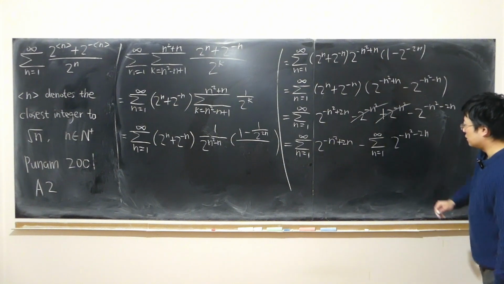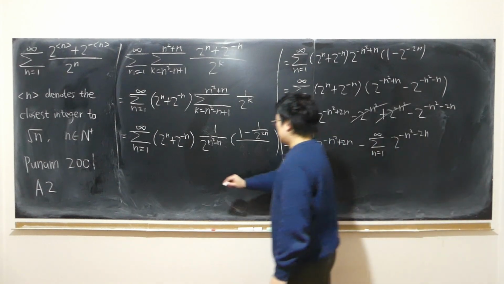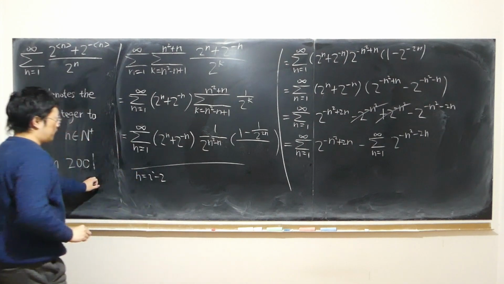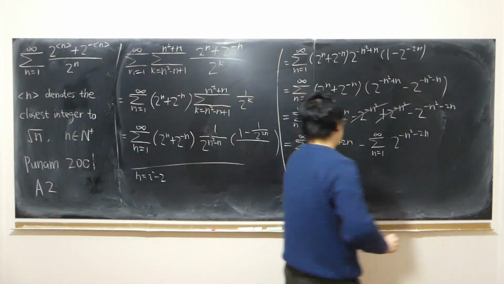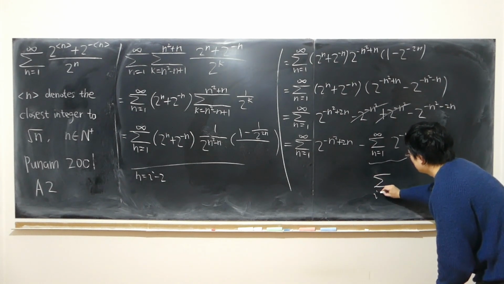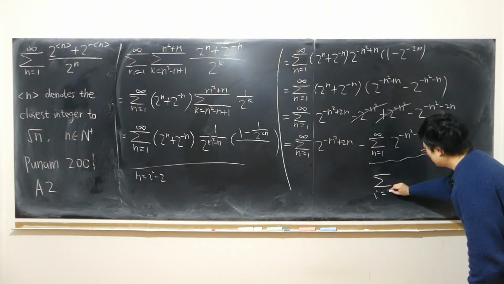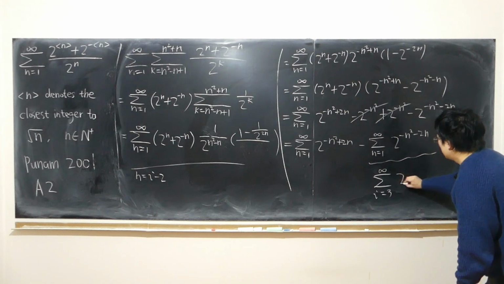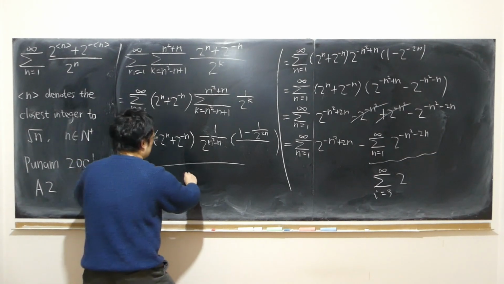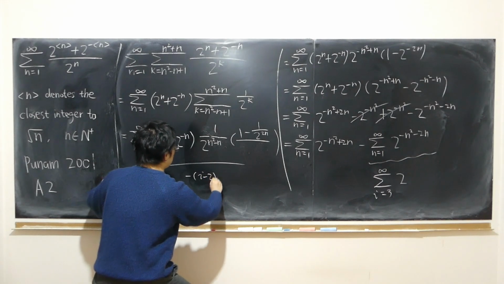So alternatively, by changing the index, we let n equal to i minus 1, that's also fine. n starts from 1, so i should start from 3 to infinity. So negative n squared becomes negative i minus 2 squared.